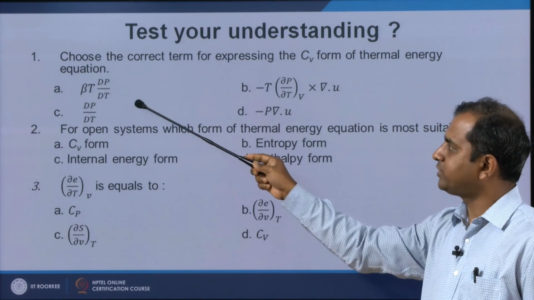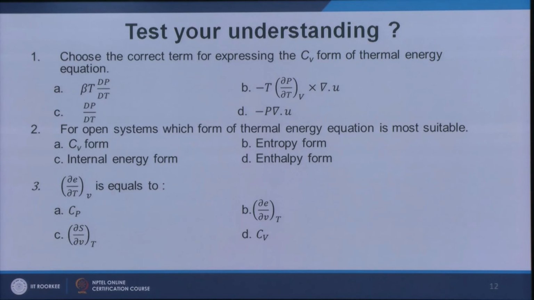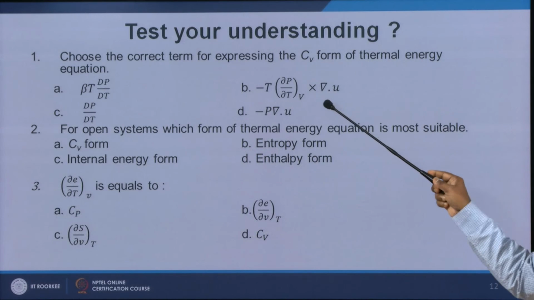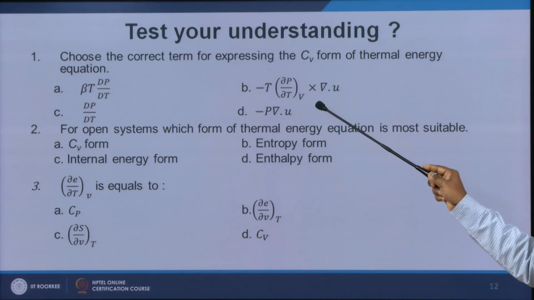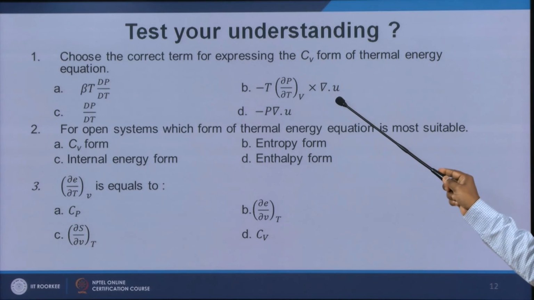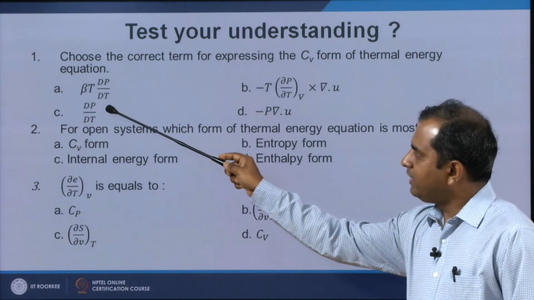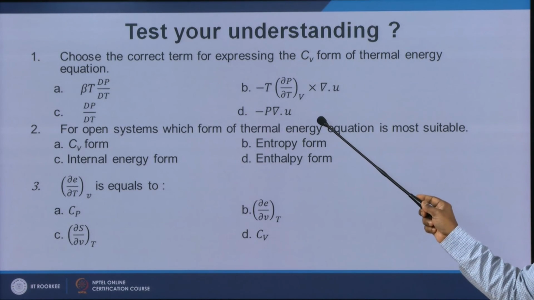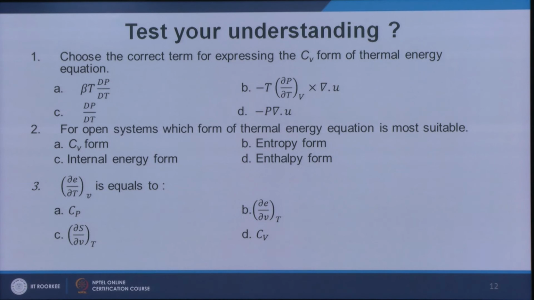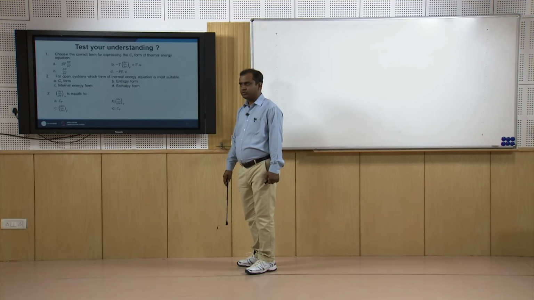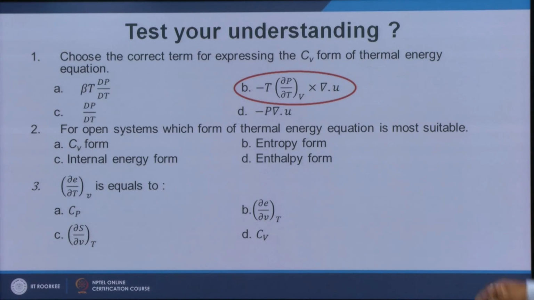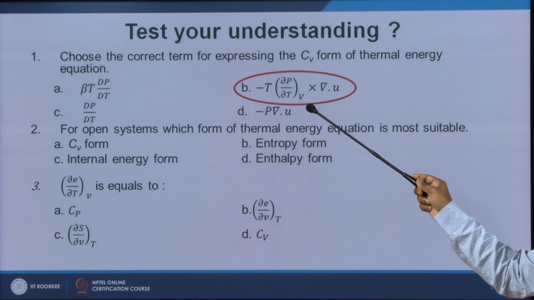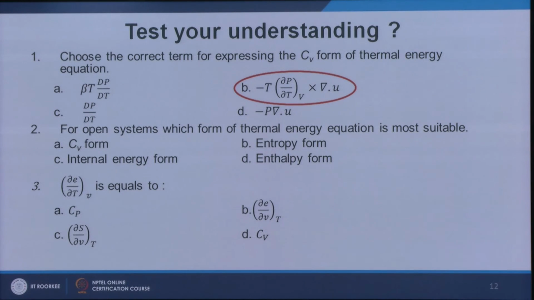We have 4 options: beta T into del T of P, ddt of P; minus T into del T of P at constant volume multiplied by divergence of U; ddt of P; and the fourth option is minus P into divergence of U. You know what the correct one is. The correct one is obviously option B, minus T del T of P at constant V multiplied by del dot U.